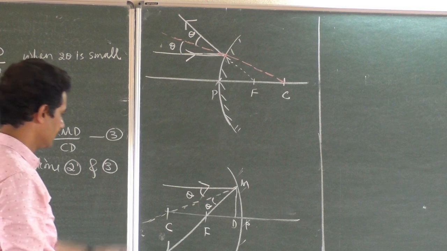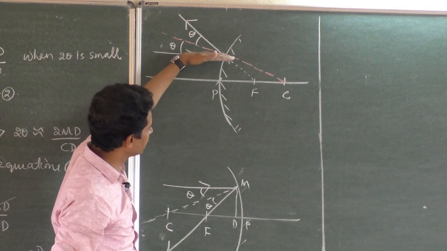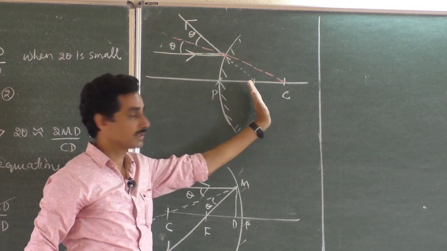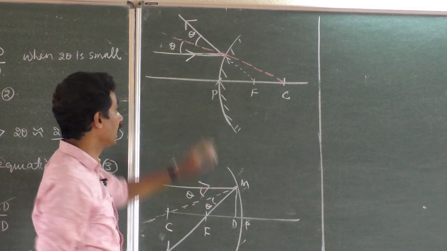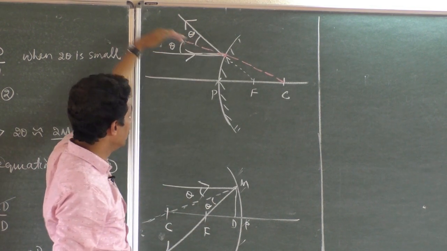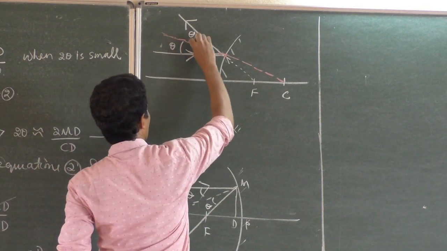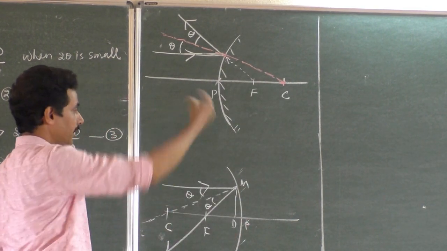So again I will explain: a ray parallel to the principal axis diverges in such a way that it appears to come from the focus. The diverging should be such that the first law of reflection is obeyed, angle of incidence equal to angle of reflection. How do you get them? Just by drawing a normal, and the normal line is always directed towards the center of the spherical part.